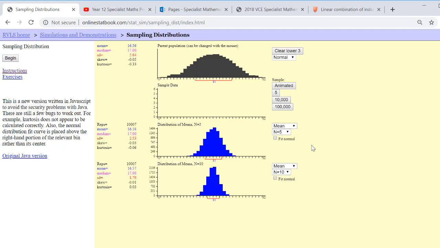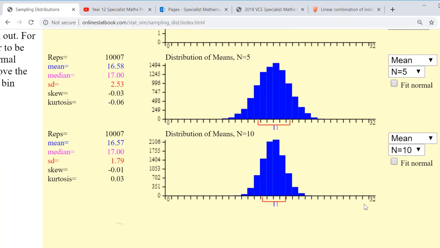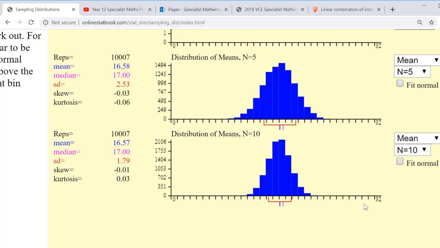What do you notice? Well, even though this is not a perfect normal distribution, first of all, look at this. If I zoom in right here, the means look pretty similar, don't they? What do you notice about the standard deviation as I increase n, my sample size?